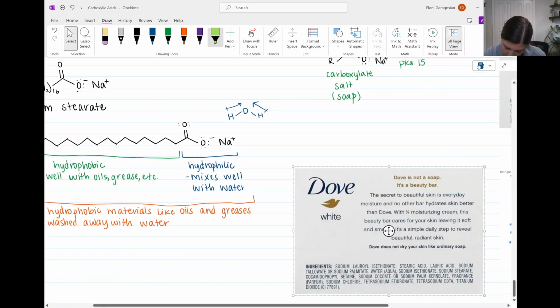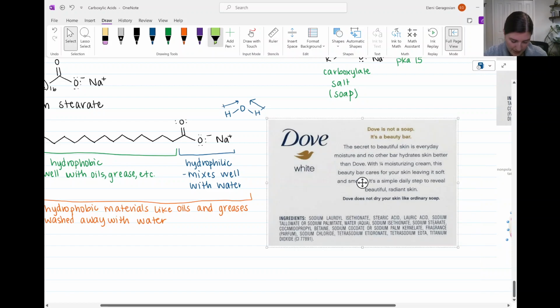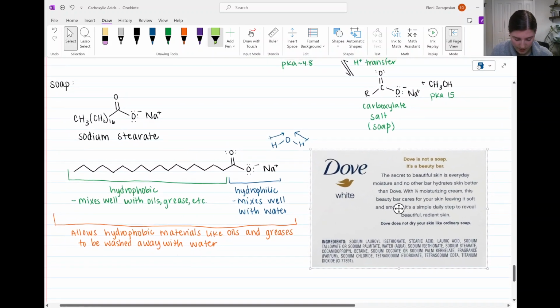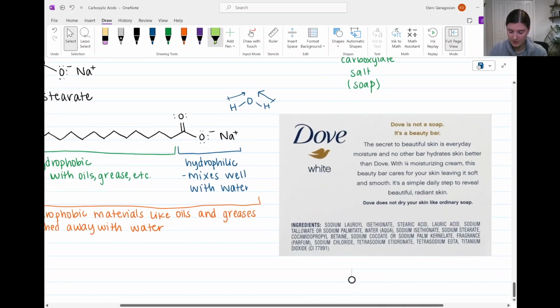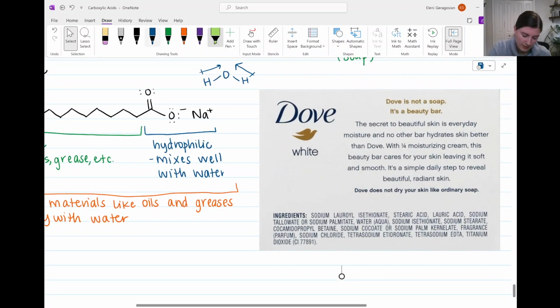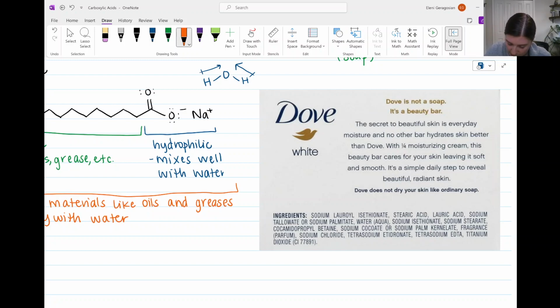So here, let's see if this works. I've got a picture of the back of a Dove cleansing bar. So if we look at the ingredients here, the first ingredient is a sodium, and then another molecule that ends with an 8. So here's an 8, sodium something 8.